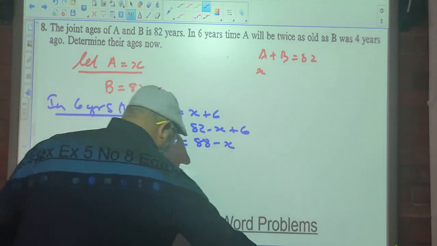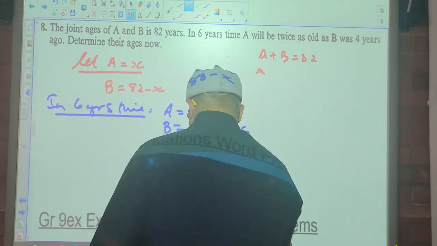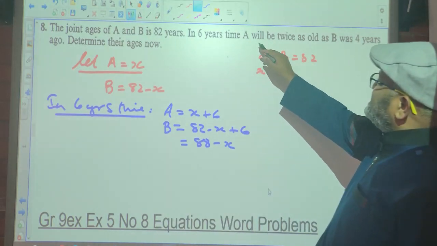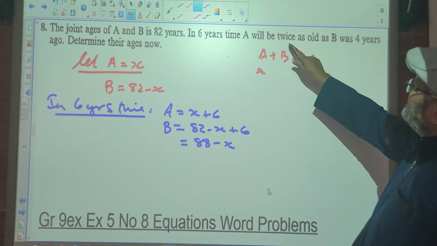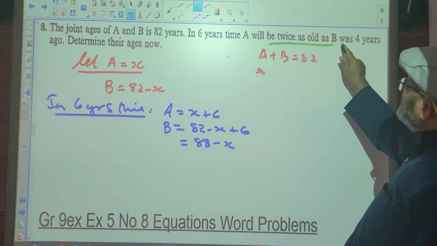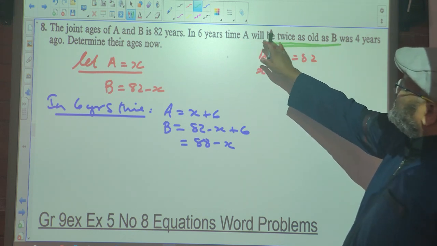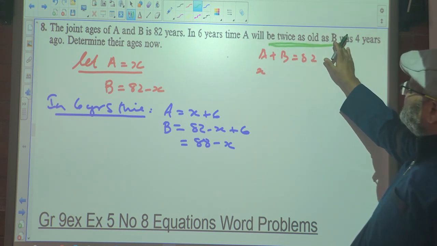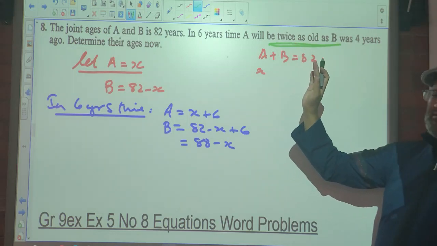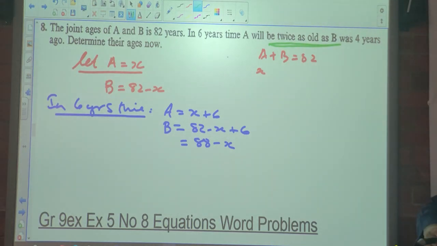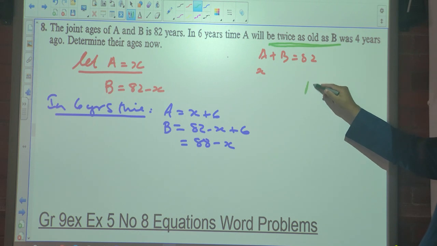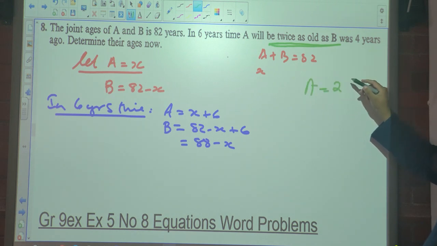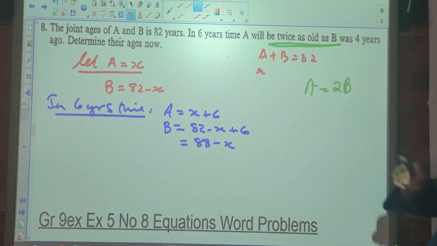So who's older? A is older. So that means A will be twice as old as B was 4 years ago.